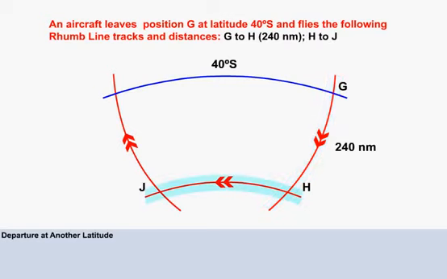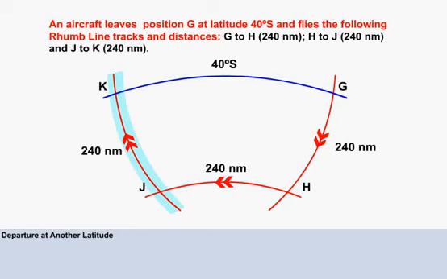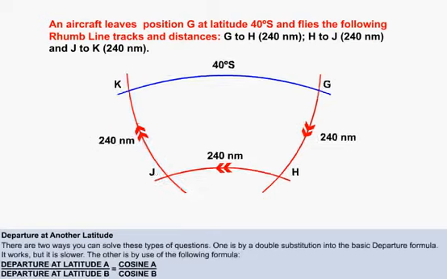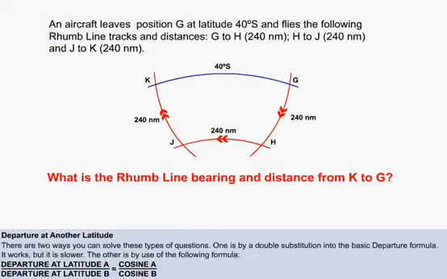H to J, track 270 true, distance 240 nautical miles. J to K, track 000 true, distance 240 nautical miles. What is the rhumb line bearing and distance from K to G?